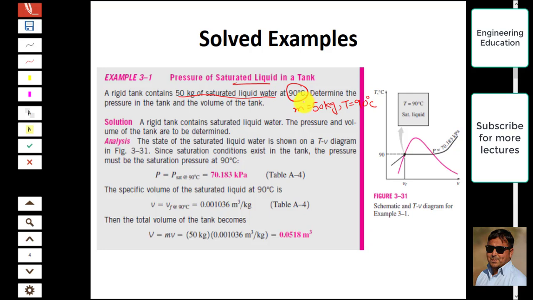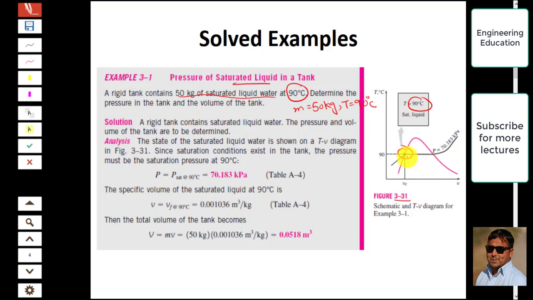For this simple problem, first we have to identify the state. So the state is the saturated liquid state. Looking at figure 3.31, this is the schematic and T-v diagram for example 3.1, basically the saturated liquid state at 90 degrees centigrade.